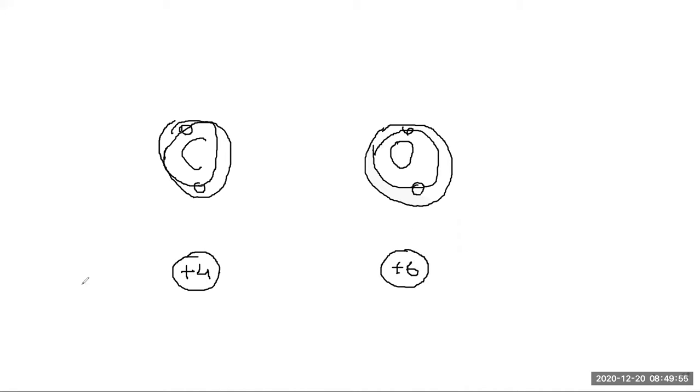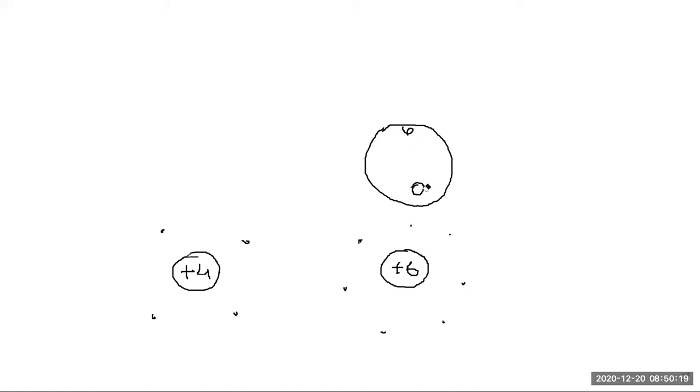And there are 4 electrons in the outer shell of carbon, and 6 electrons in the outer shell of oxygen. Now, the question is, which of those atoms holds its electrons more tightly? And why?